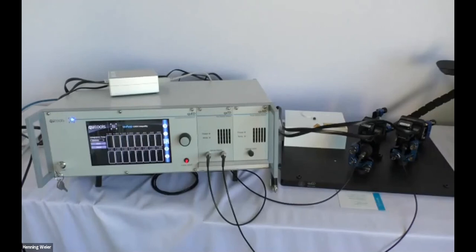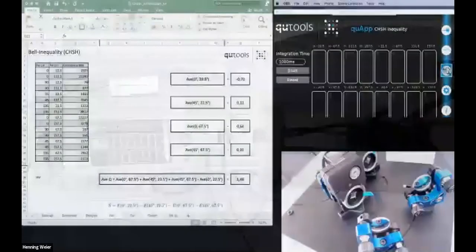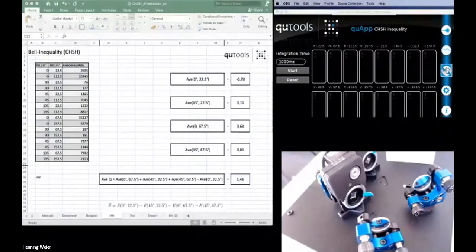So let the computer do all these settings and count, and also calculate this value that we have. Okay, so I'm going to give you this view again, but the Excel sheet is not very important anymore.